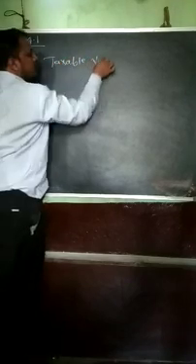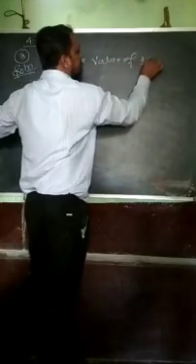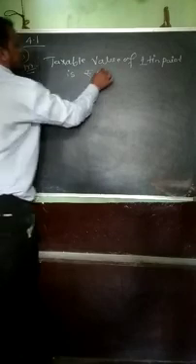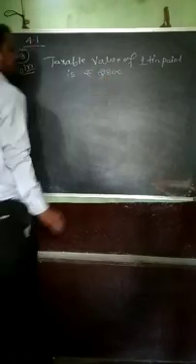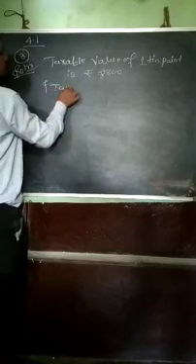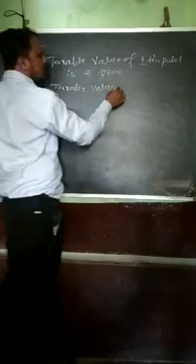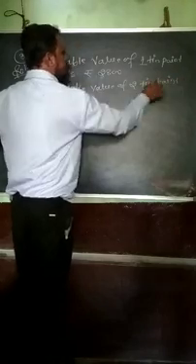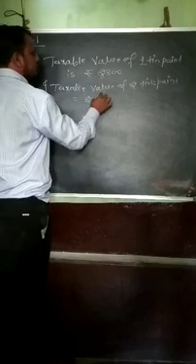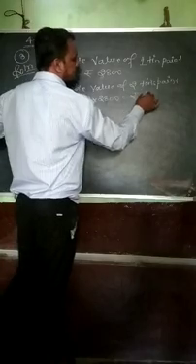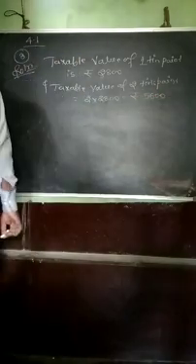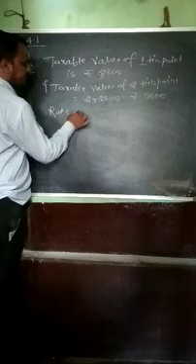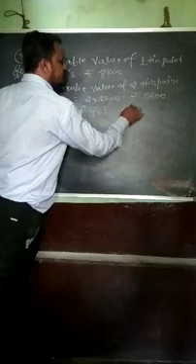Taxable value of 1 tin of paint is rupees 2800, and taxable value of 2 tins of paint is equal to 2 into 2800 rupees, which is 5600, and the given rate of GST is 28%.